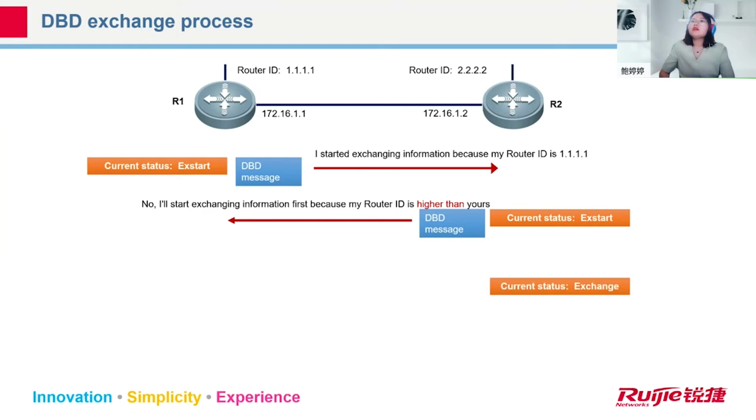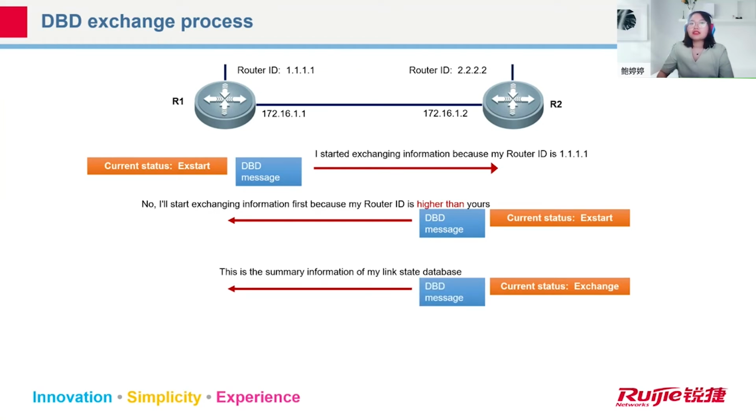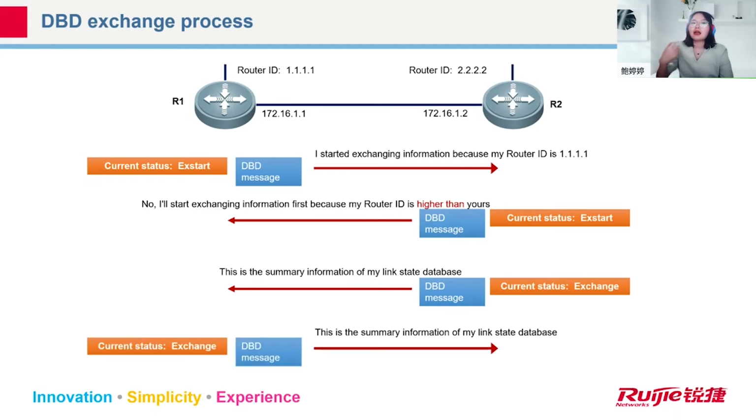And later, route 2 will begin to send out the database message, moving from ExStart to Exchange. In the database message, we now begin to carry the summary information of the link state database. Route 1 receives it and also sends out its database description from its side, and in this sequence number we will follow route 2.